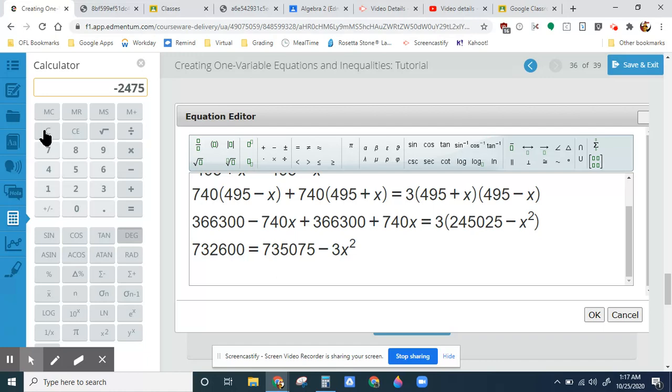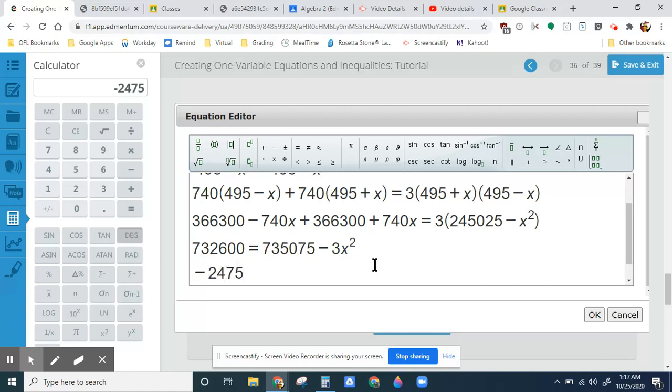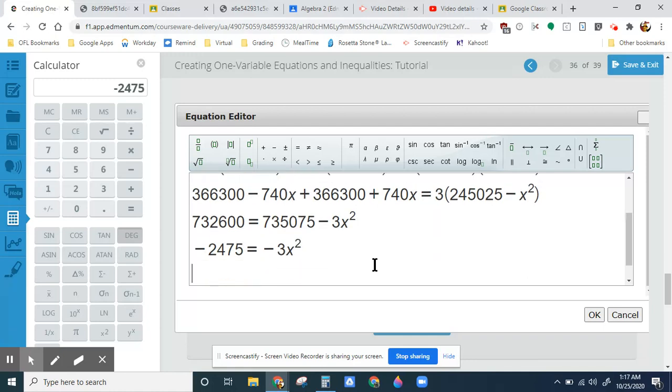We end up getting a negative number, which is good because we're eventually going to have to divide this by -3. -2475 equals -3x squared, and we're going to divide this by -3. I'm just going to divide it by 3.